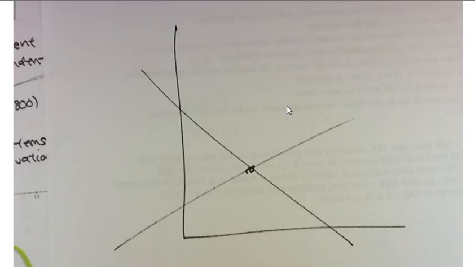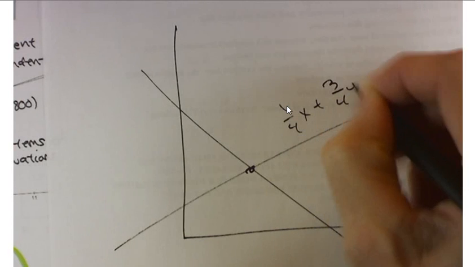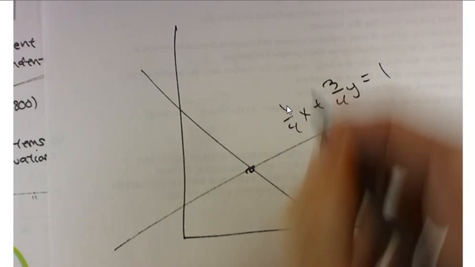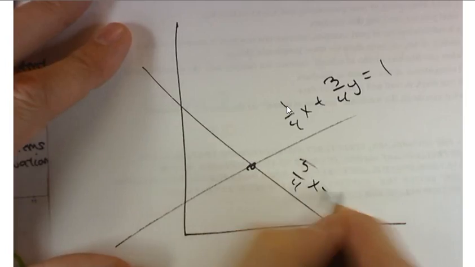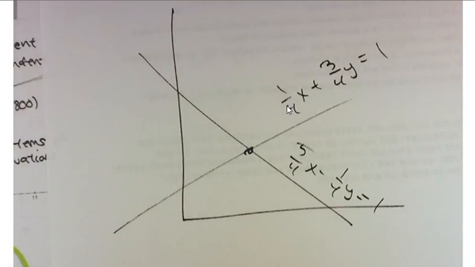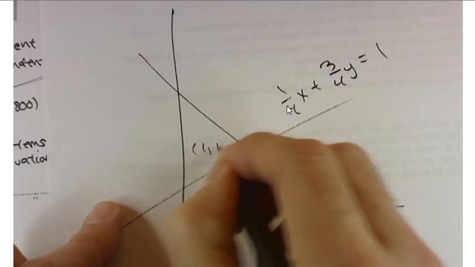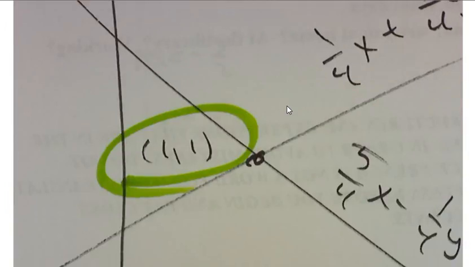And the equations are going to be like 1/4 x plus 3/4 y equals 1, and 5/4 x minus 1/4 y equals 1, or something ugly. And then I'll ask you to solve the system of equations. What's the solution to a system of equations like that? You're thinking too hard. 1 and 1. That's it.